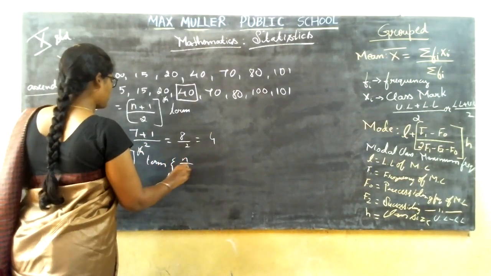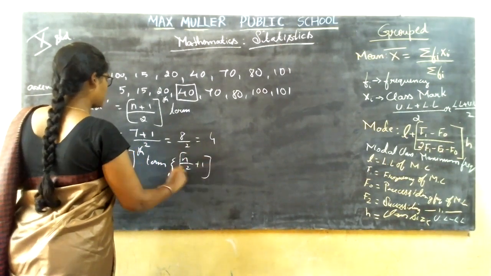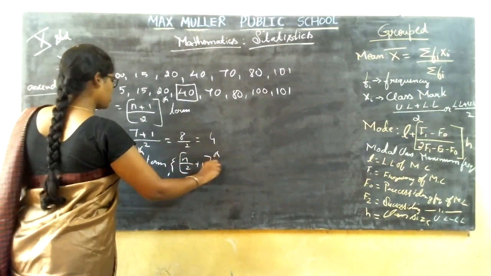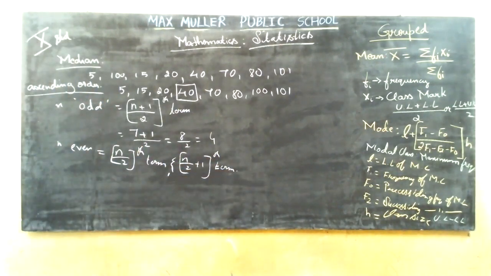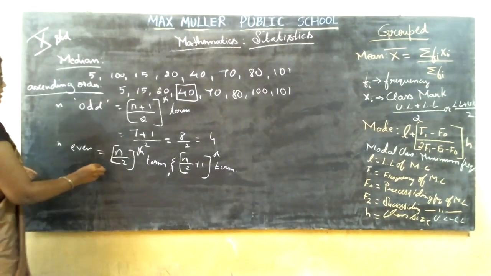You need to find both the terms, then add them and divide by 2 to get the median. Since you have an even number of observations, you are going to use two formulas, the n by 2th term and the (n by 2 plus 1)th term, to take an average.